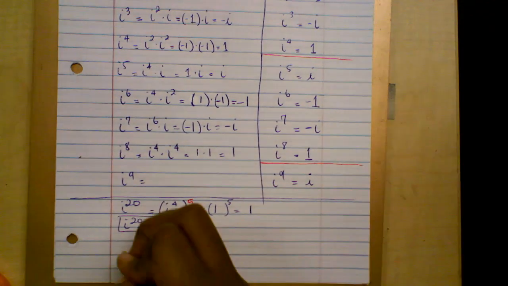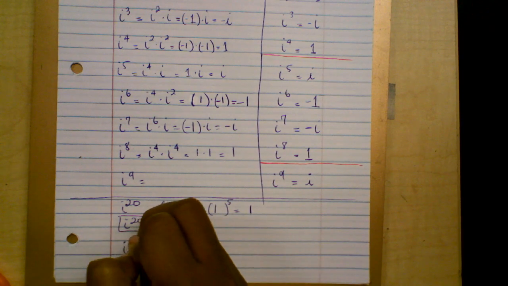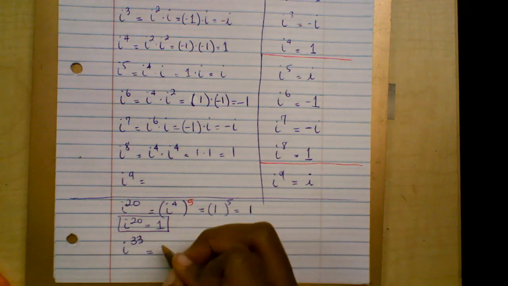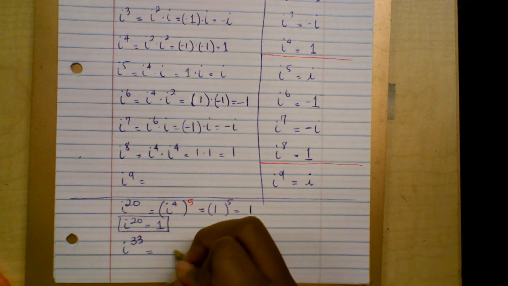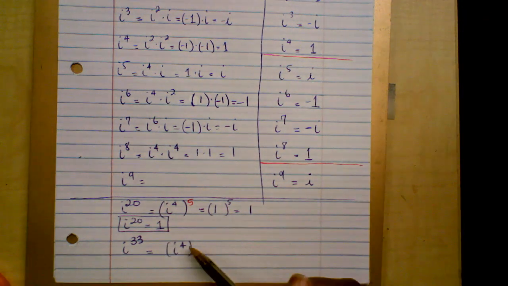Okay. So now what about i to the 33rd power? For me, I like to use i to the 4th power because it's 1. So I'm going to break it down in terms of the power of 4. What number can I multiply 4 by?